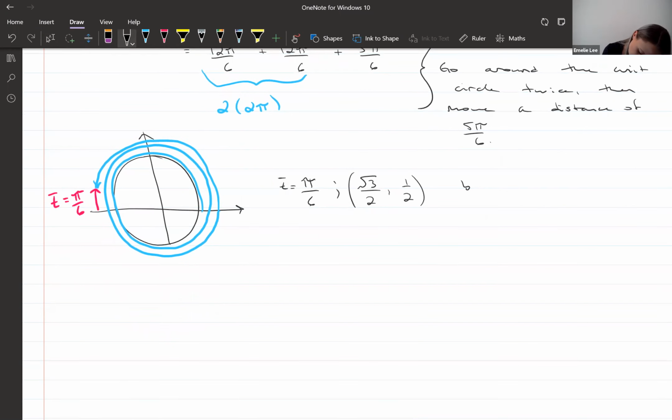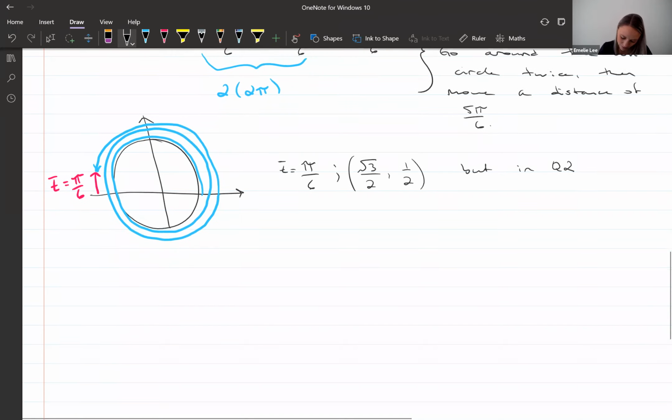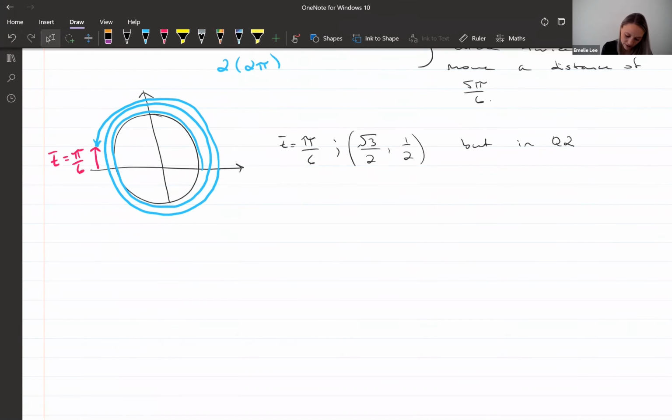Okay. But in quadrant 2, there, I did it. Not using Roman numerals anymore. You can, I can. I'll switch back and forth just to kind of be inconsistent, I guess. No, but we can move back and forth between them. So, but in quadrant 2, x is negative and y is positive. X is negative, right?